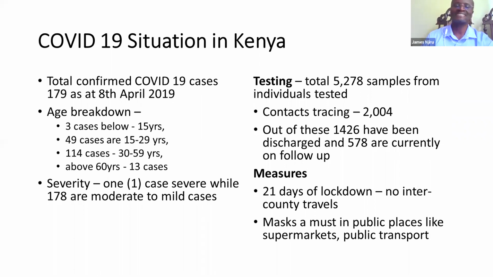In terms of testing, so far the country has tested 5,278 samples from individuals who have a history of either having been in contact or having traveled, and the majority of these are from quarantine facilities. And out of that, 2,000 contacts have been tested.